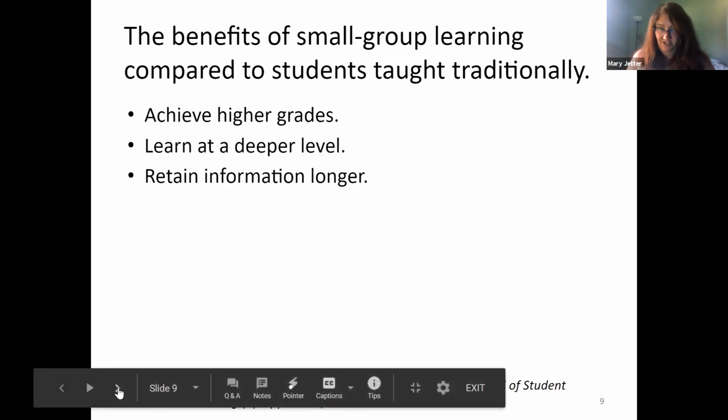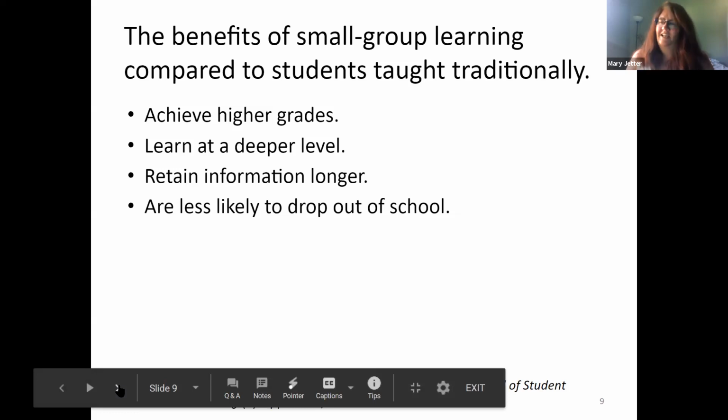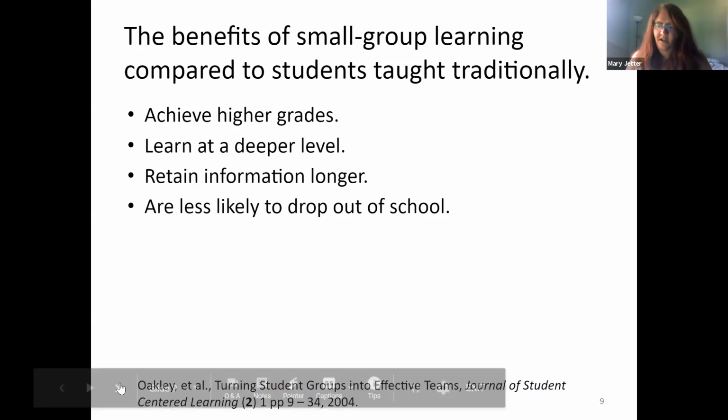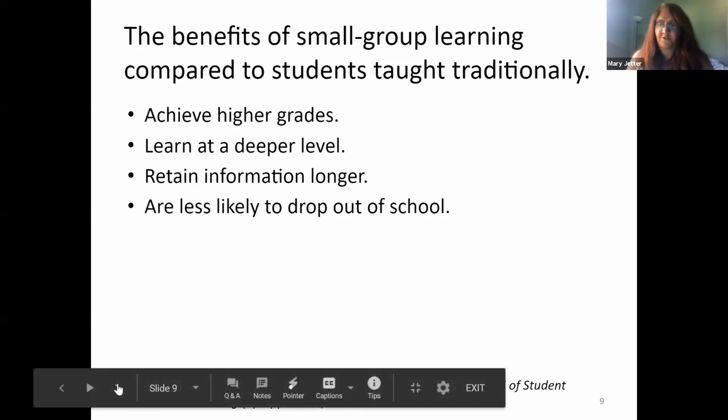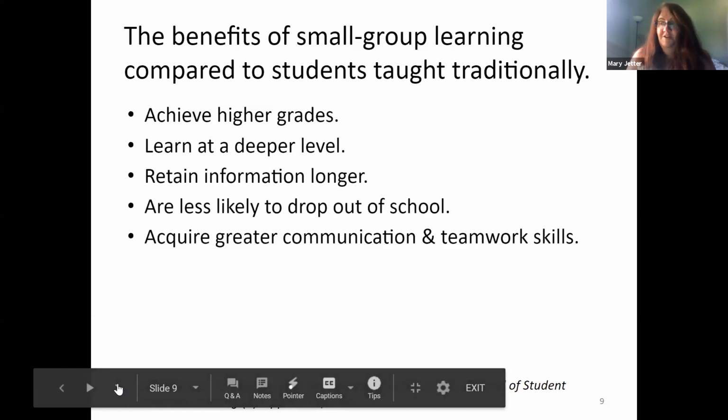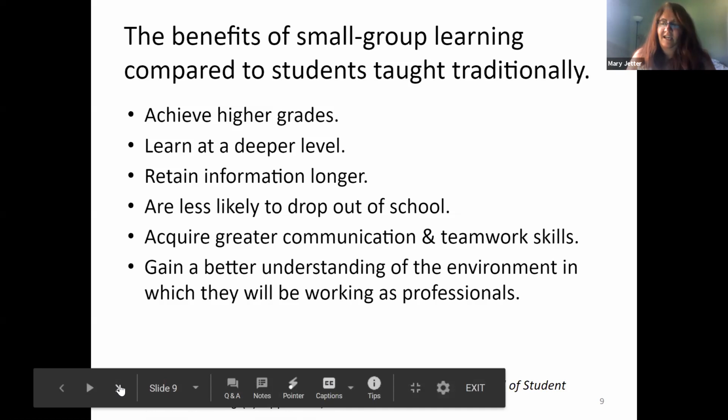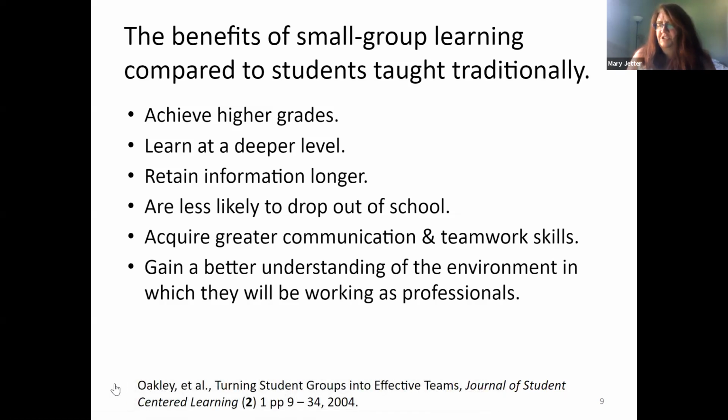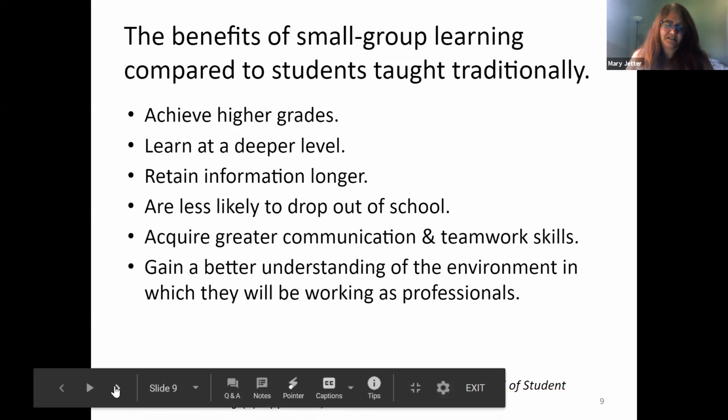They retain information longer because they're having to work with it more, probably. They're less likely to drop out of school, and I thought this was a really interesting effect, and I think it has to do with that sense of belongingness, and students who feel like they belong and are connected tend to stay in school more, tend to be more motivated. They acquire greater communication and teamwork skills, and they gain a better understanding of the environment in which they'll be working as professionals, because as we all know, we're all here right now as a group talking about this.